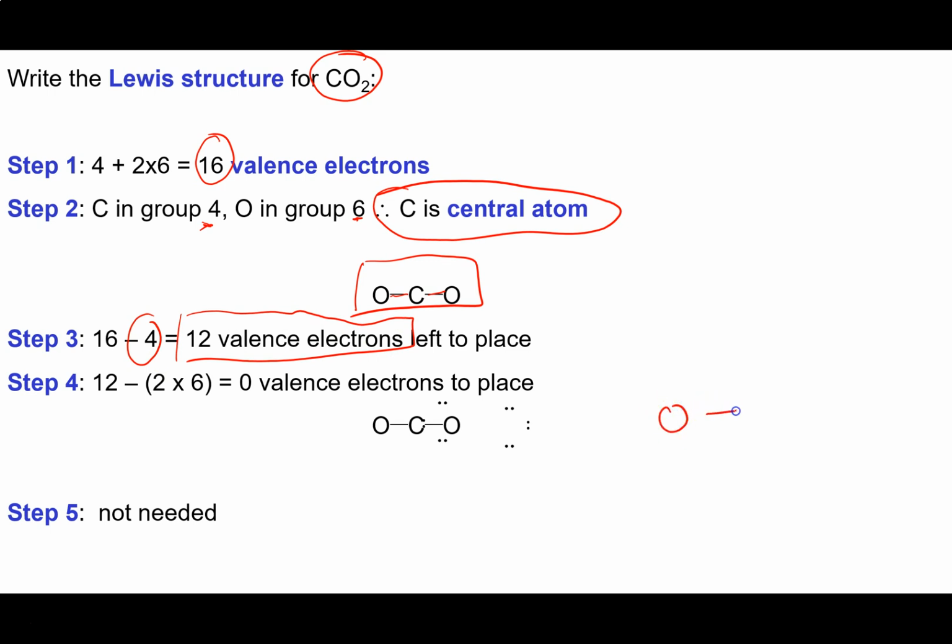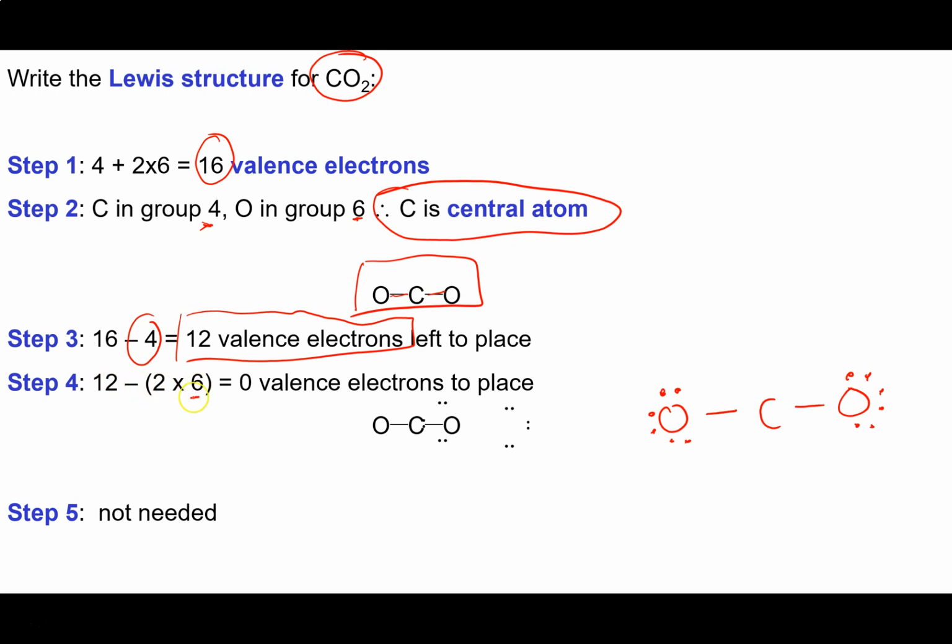So what I've got to do now, I apologize this didn't convert too well from my older version of PowerPoint, is use those 12 electrons to finish off the octet of my outer oxygen atoms by adding lone pairs to them. So to each of the 2 outer oxygen atoms, I've added 6 electrons to complete their octet.